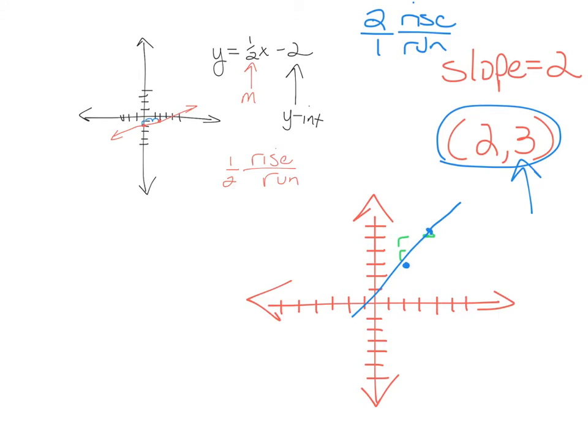So you don't necessarily have to start on the y-intercept. You can start at the point that's given and then just move the slope that's given, and you can graph that way also. So we're learning more and more ways to graph these lines. Good so far? Any questions on this? Anybody still need this?